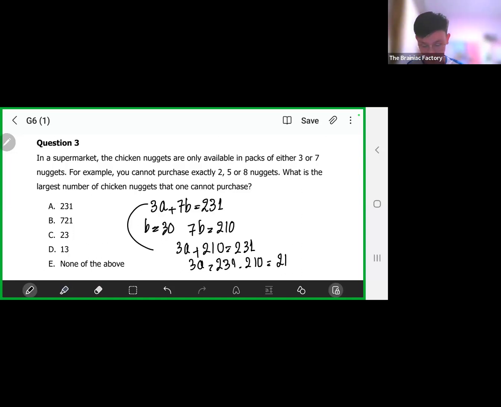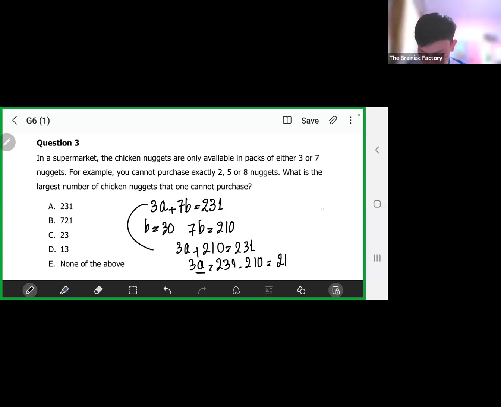We have to check whether A is an integer. If it is, then it can be purchased, so answer A is not going to be our answer, because we are searching for the number that cannot be purchased.